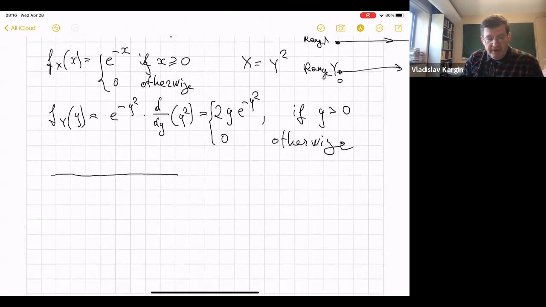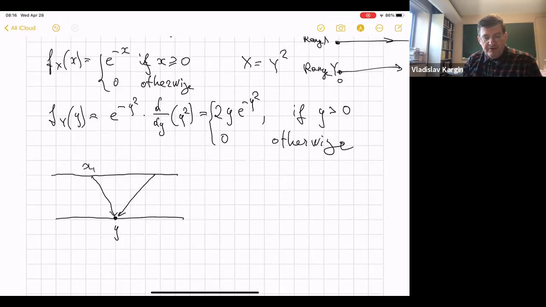So you have some y here in the range, and you have two or more, so let's say two points which are mapped to the same y. So consider the case when it's not one point which is mapped to y, but two.